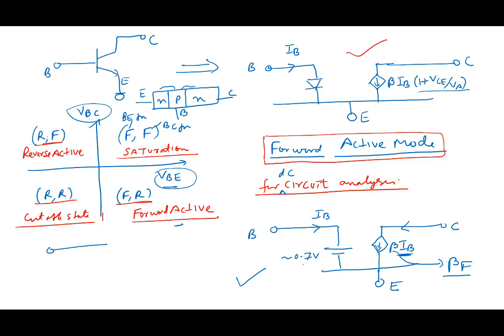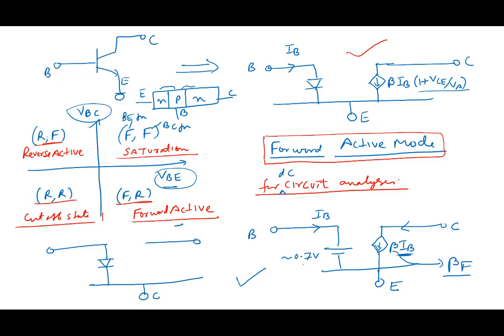Which junction is forward bias in reverse active? The base-collector junction. So I should write here collector, and between base and collector I have a forward bias diode, right? And I should write here emitter.